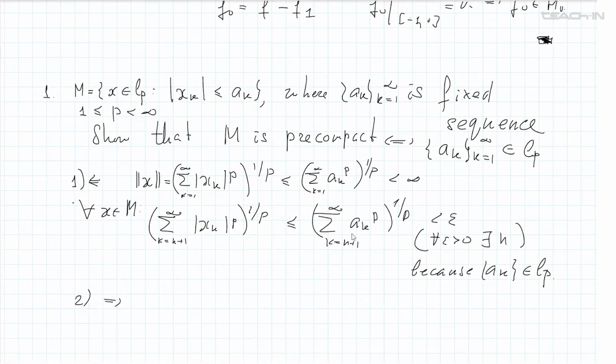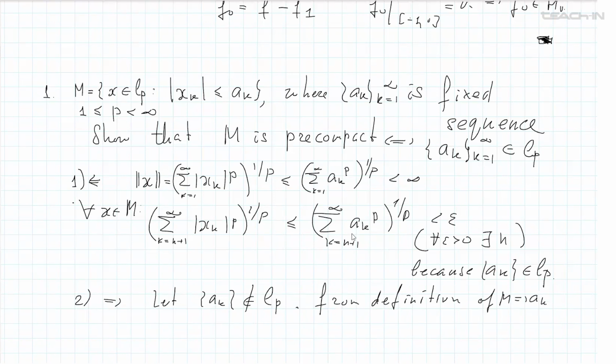Second, from the opposite: let a_k not be from l_p. But from the definition of M, we can conclude that all these numbers are non-negative.